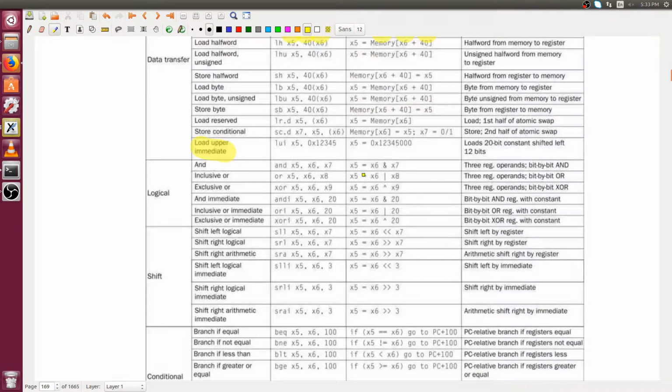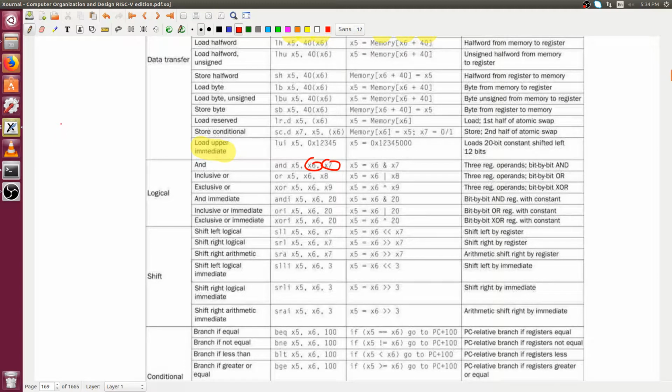Okay, so let's look at the logicals. We have bitwise, bit by bit AND, bit by bit OR, bit by bit XOR. Let me get the pen out. This will help explain that. When we're talking about AND here, we take whatever's stored by x6 and whatever's stored by x7, AND these two things together, and store that result in x5. Whatever is first is usually where you're storing something.